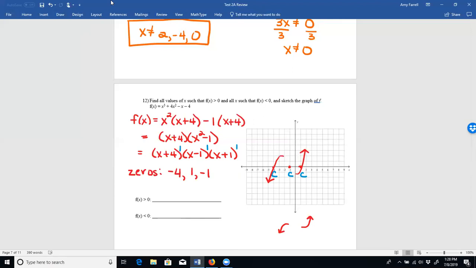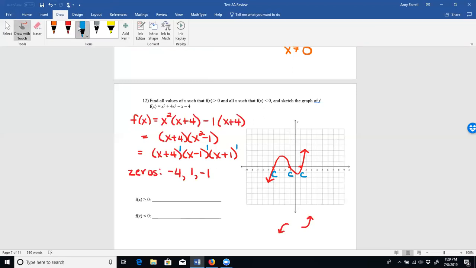And then I just cross through those x-intercepts. So this would be a sketch of this function. Just a sketch, okay, not anything super fancy here. If you're going on to take calculus, you'll talk about local minimums, local maximums. You'll be able to do a better job. But this is just a sketch here.